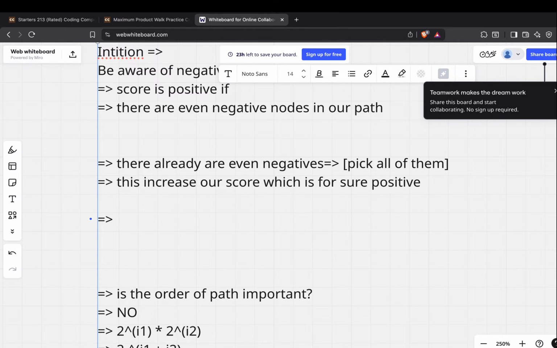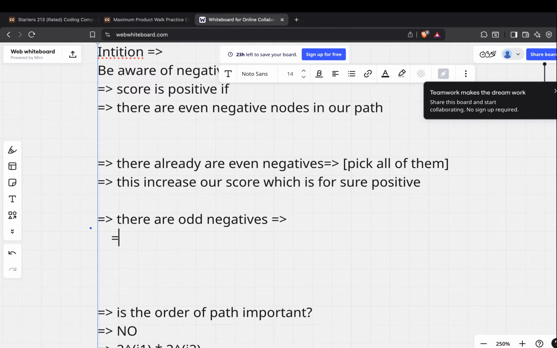What if there are odd negatives? We need to get rid of at least one negative node.